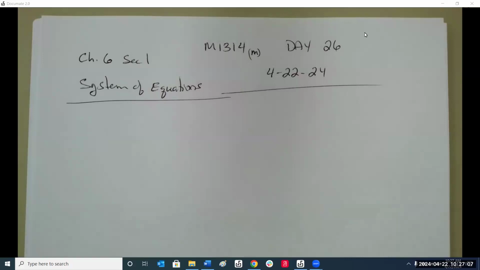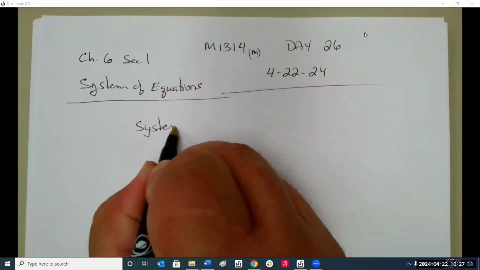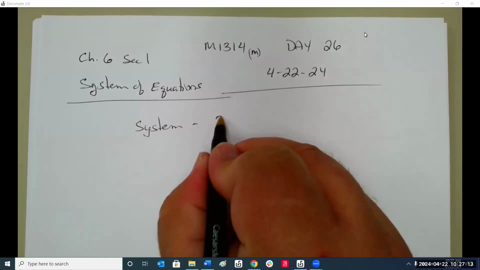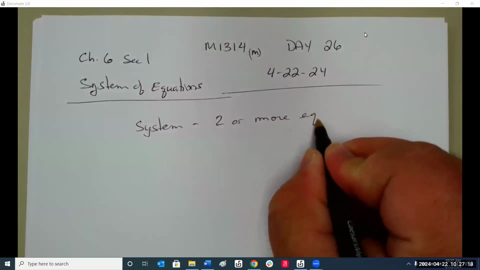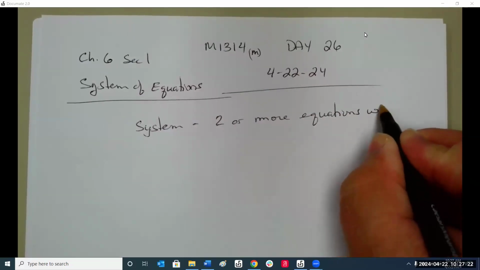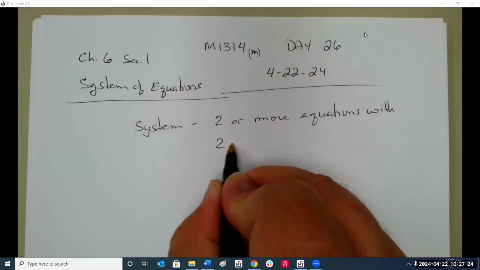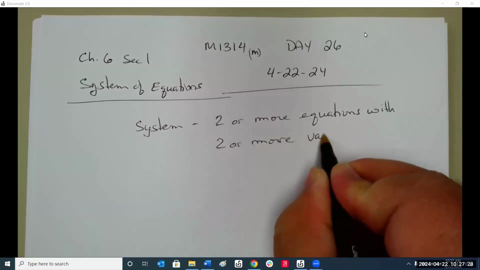So when we say system, we're talking about two or more equations with two or more variables.